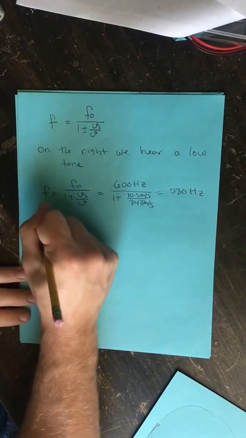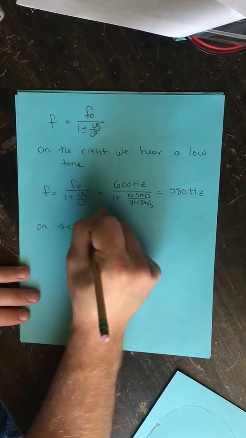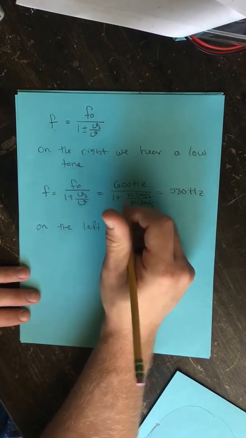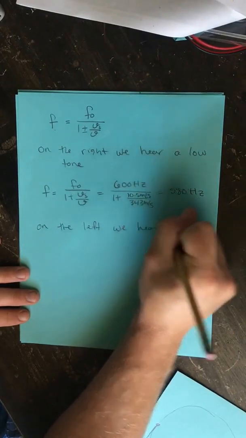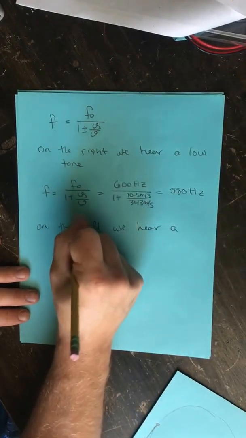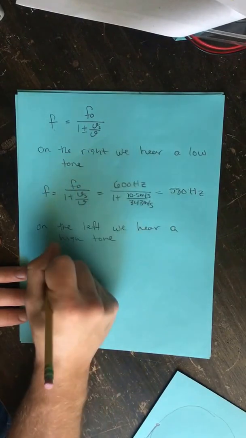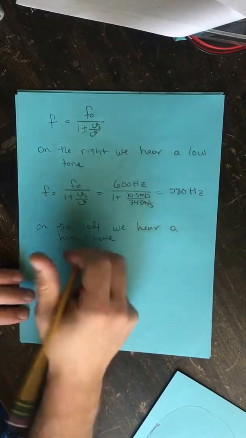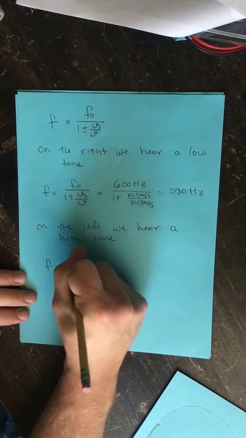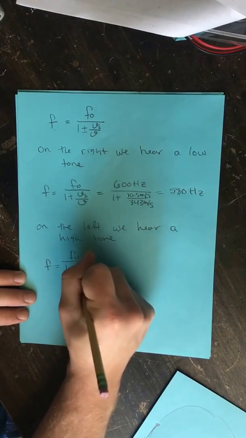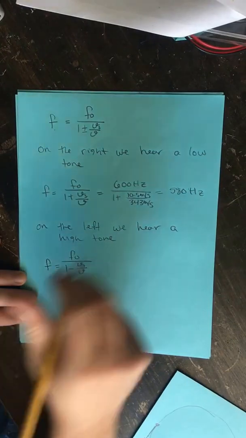Alrighty, on the left, the source is approaching the observer, and we hear a high tone. And so in that case, the Doppler shifted frequency is going to be equal to the original frequency of the source over 1 minus the velocity of the source divided by the speed of sound.